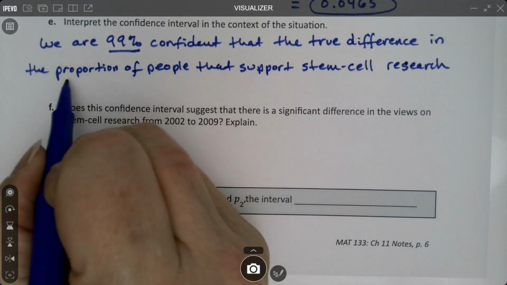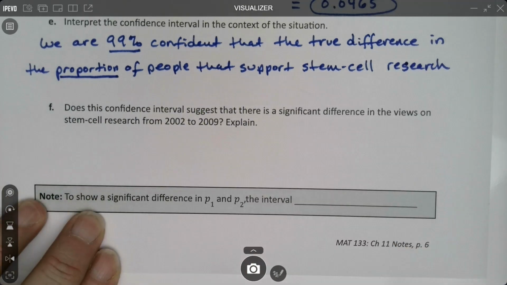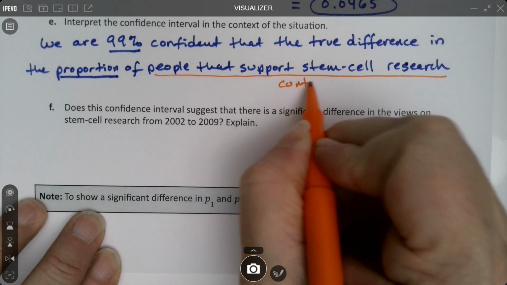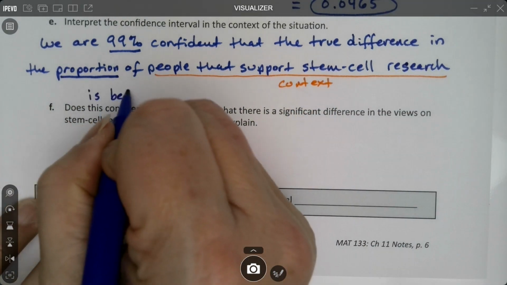Okay, so you have to fill out whether it's proportions or averages, in this case proportions, and then you have to put the context in, and that's what this is. This is all context, right? And then you just write is between, and you put your 2 numbers.